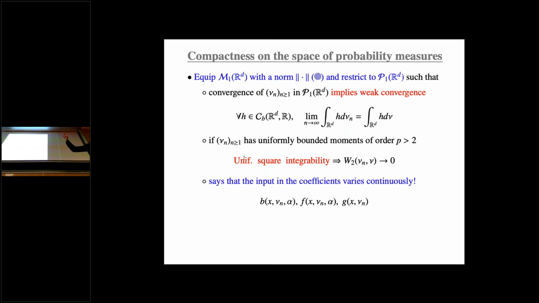For weak convergence, it is pretty easy to have compactness, tightness; everybody knows it in probability. And second, when you have weak convergence and uniform square integrability, so you control the tails in a sufficiently nice way, you get convergence for W2. So at the end of the day, it is pretty easy to have compactness on the space of probability measures equipped with the Wasserstein distance. We know how to do that.